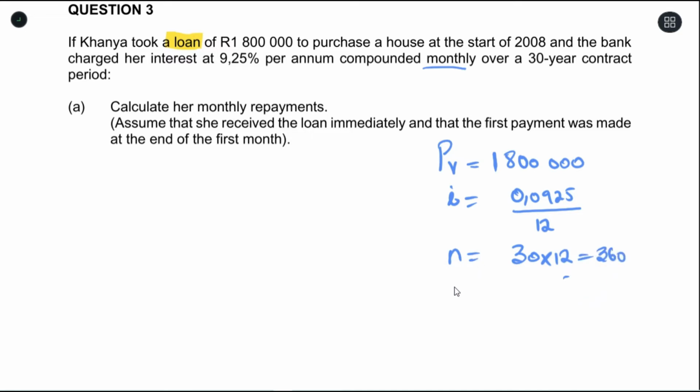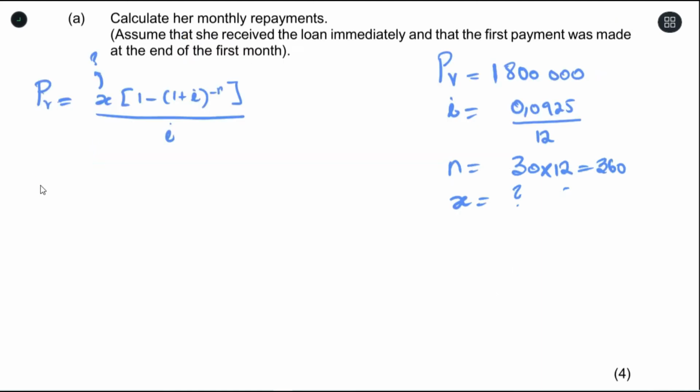And we're trying to get the monthly installments, so X is what we're trying to get. Okay, now the formula for present value annuity looks like this. Okay, so since we're trying to find this X, we're writing our formula so that X is the subject.